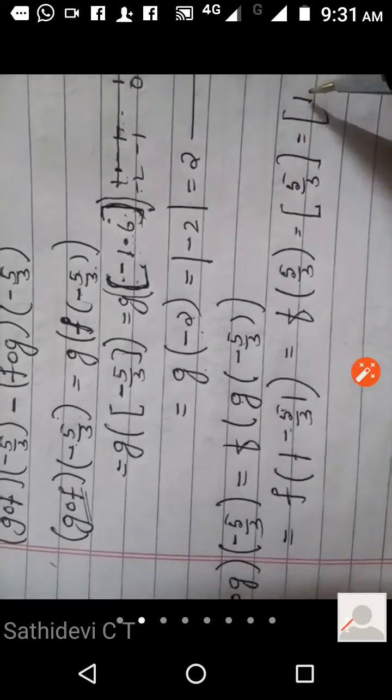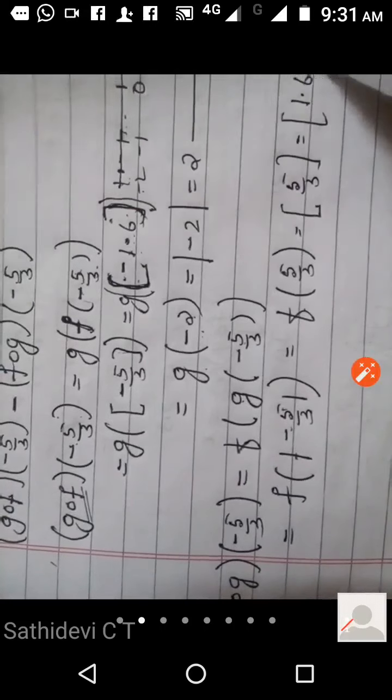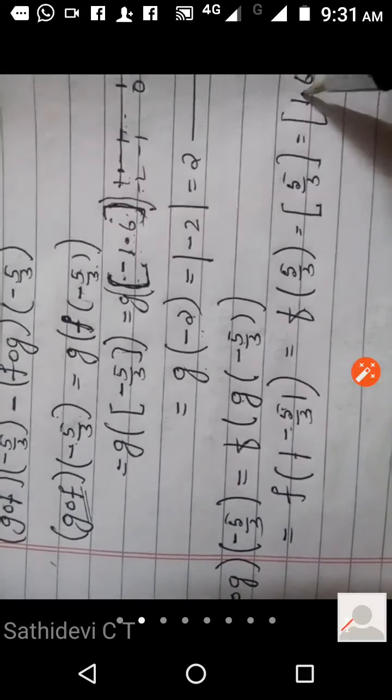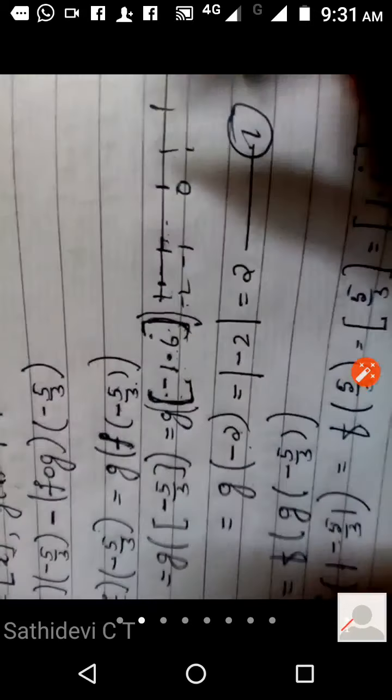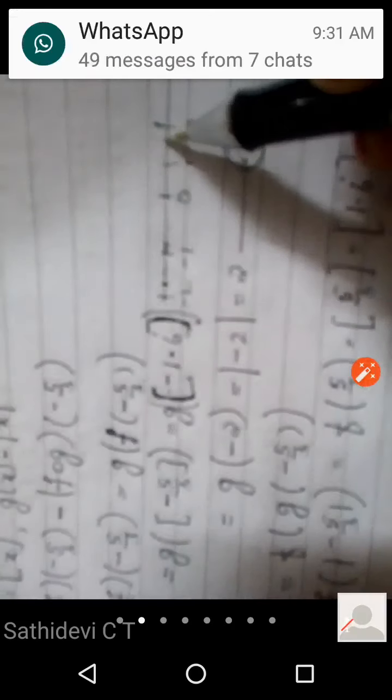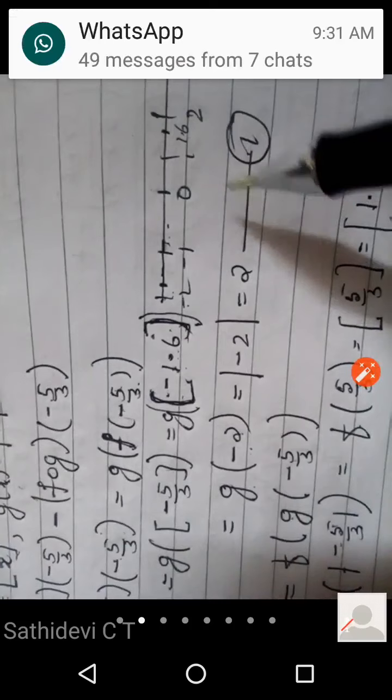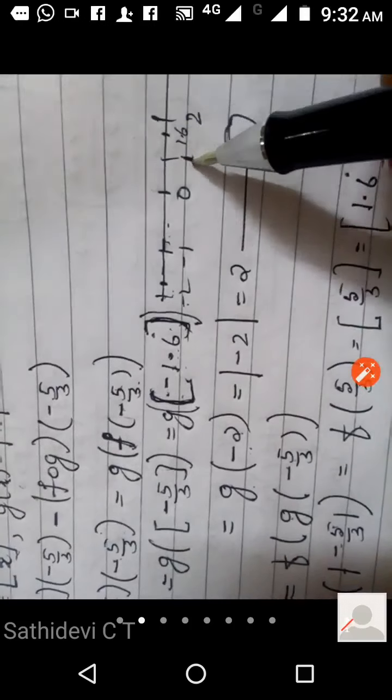And we know 5 by 3 means 1.6 recurring. So if you look at this number line, you can see 0, 1, 2. So 1.6 will be here somewhere. This is our 1.6. So the greatest integer less than 1.6 is 1.